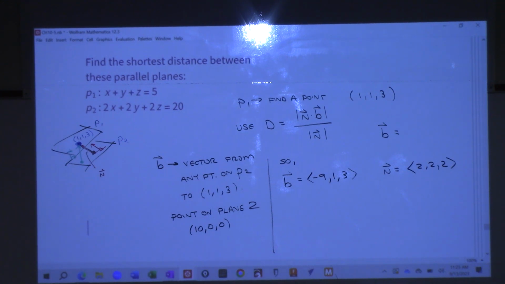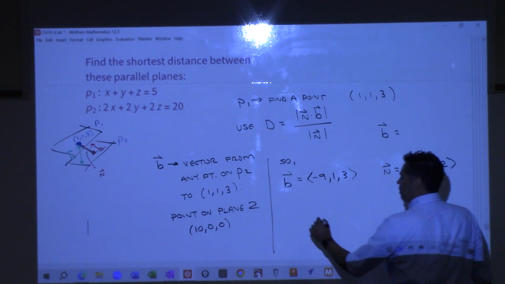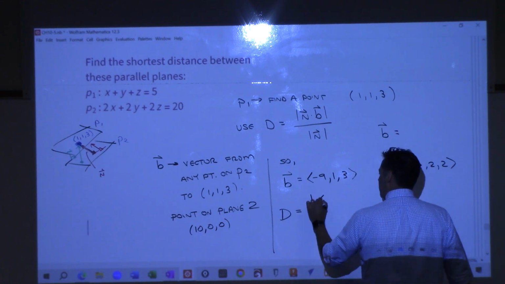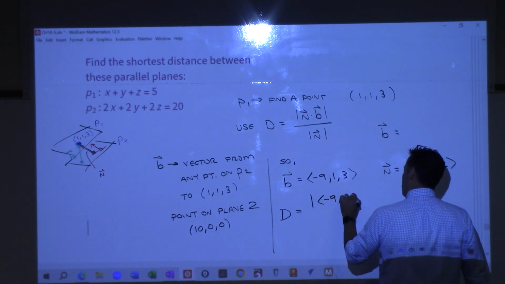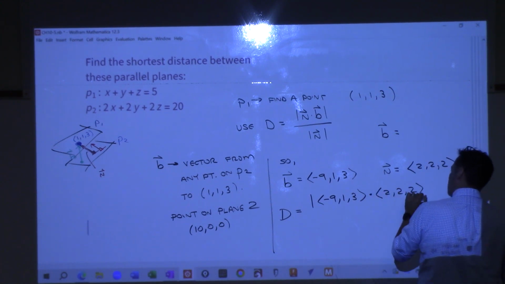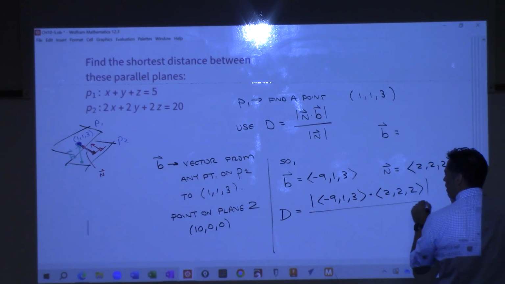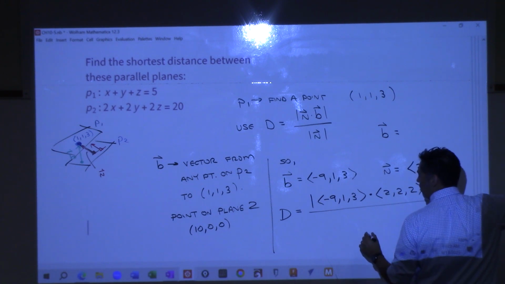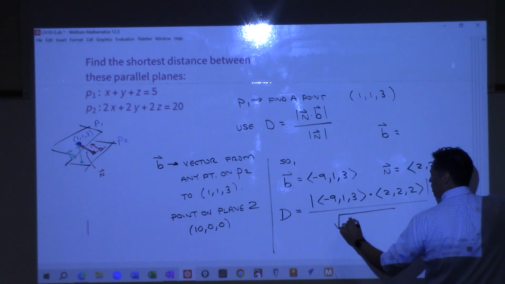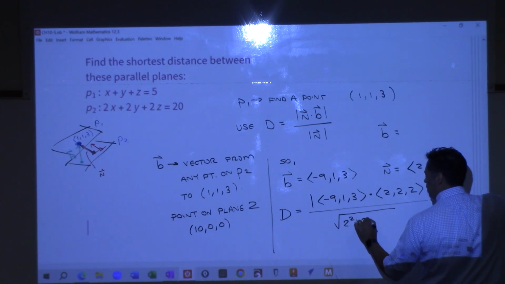Once we have that, we go to this. That means the distance will be the absolute value of -9, 1, 3 dotted with 2, 2, 2, all of that over the magnitude of n. How do you find the magnitude of a vector? Square root of the sum of the squares of the components, right?